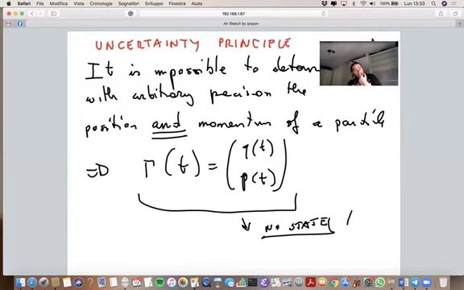And let me just remind you that this is not the only uncertainty we have encountered so far. We have encountered also an uncertainty concerning the different components of the magnetic moments of subatomic particles, for instance, the electron, when we discussed the Stern-Gerlach experiment.